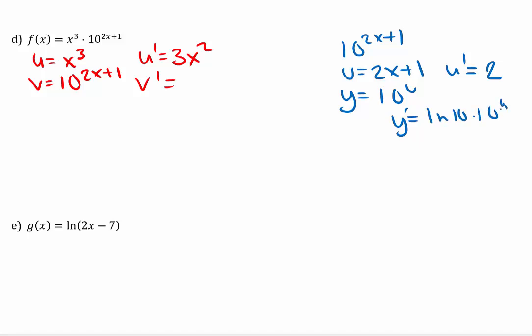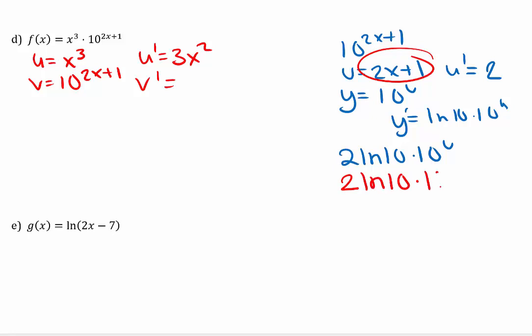So using my chain rule, I take u prime times y prime, so that would be 2 times ln 10 times 10 to the u. And then finally, I have to change that u back into 2x plus 1 in this case. So the derivative of 10 to the 2x plus 1 is 2 ln 10 times 10 to the 2x plus 1. All right, so back to my quotient rule, that is my v prime.